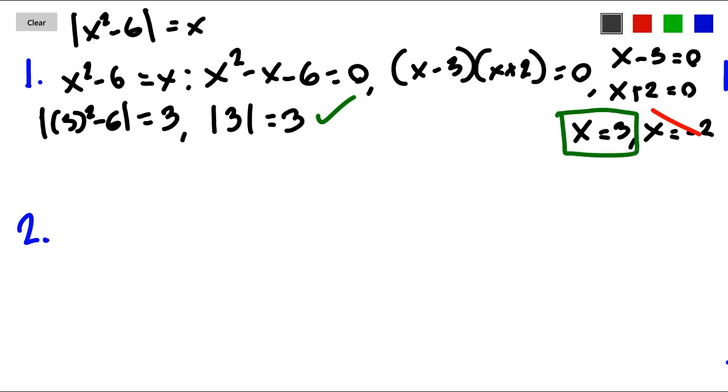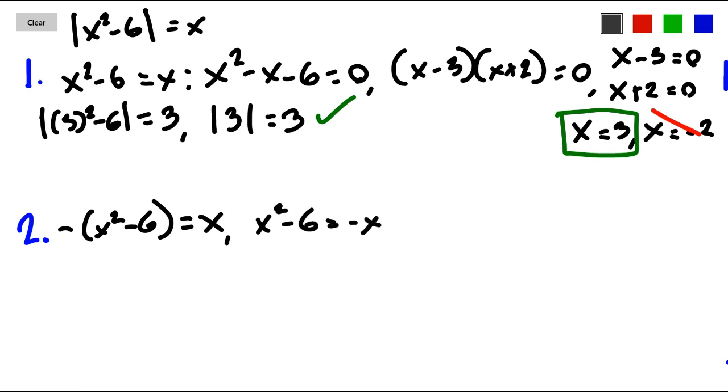And so the next equation that I have is minus x squared minus 6 is equal to x. So when I divide through by the negative, I end up with x squared minus 6 is equal to negative x. And then I can move the x over to the other side. So I have x squared plus x minus 6 is equal to 0.